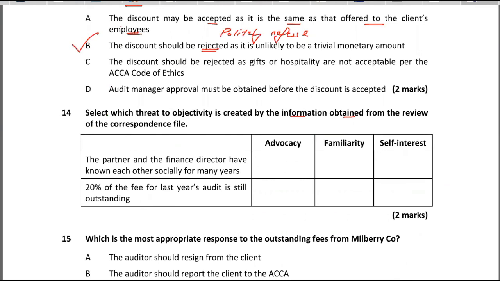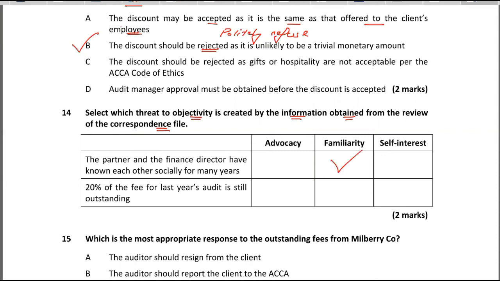Select which threat to objectivity is created by the information obtained from a review of the corresponding file. The partner and the finance director have known each other socially for many years. Why do they know each other? They shouldn't.